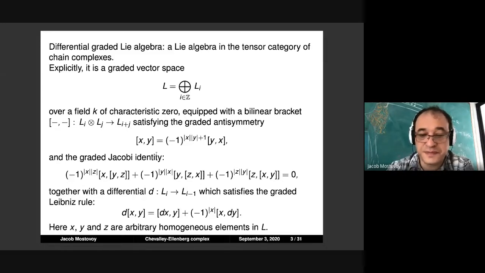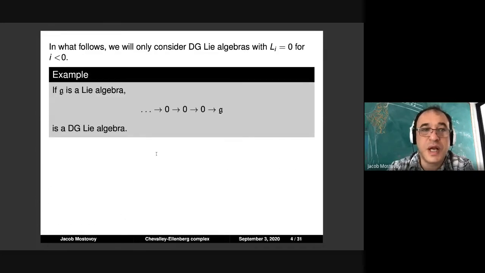Well, we'll only look at DG Lie algebras which are 0 in negative degrees. There are two conventions for DG Lie algebras.